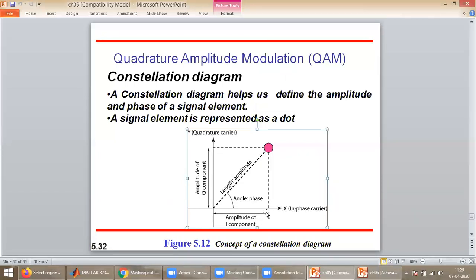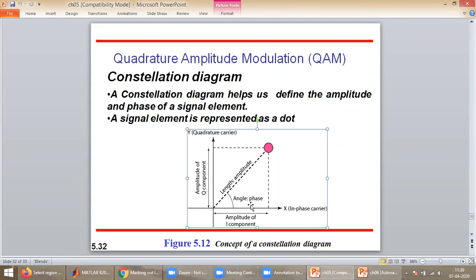For in-phase, the voltage goes from 0 to something, here 0 to 20. This angle indicates the signal's phase value.